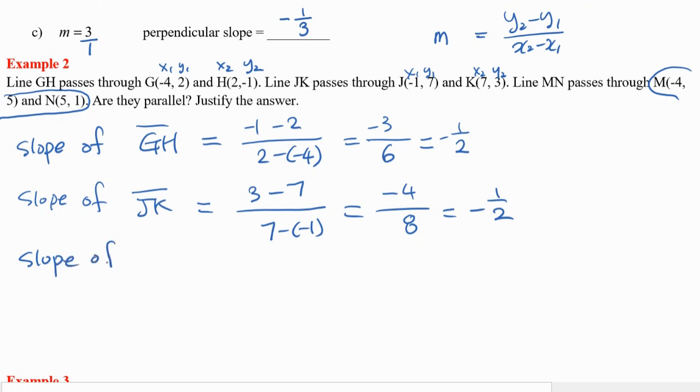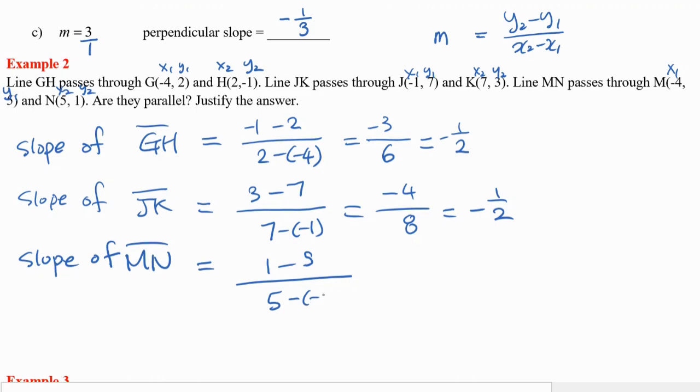Last, slope of MN. Okay, again, this one, x1, y1, x2, y2. So y2 minus y1, that is 1 minus 5. x2 minus x1, 5 minus -4. 1 minus 5 is -4. 5 minus -4, minus becomes plus, so 9. -4 over 9.